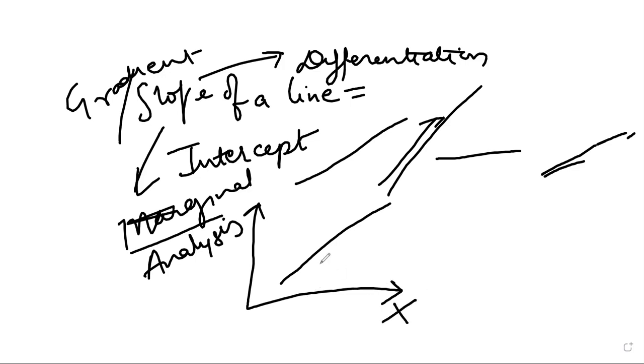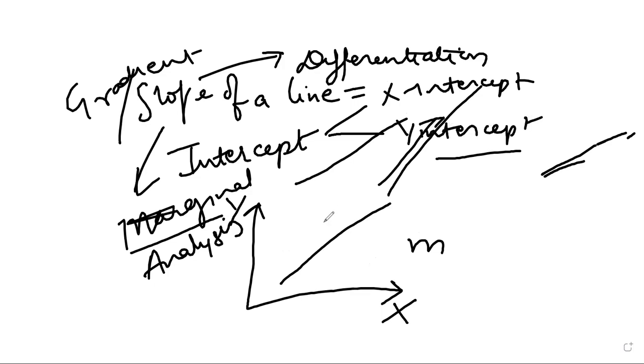So if this is the x-axis and that is the y-axis, and we know the slope, let us say the slope is given by m, and we know the intercept. Now when we talk of the term intercept, intercept is of two types. One is the x-intercept and the other is the y-intercept. What exactly does that mean?